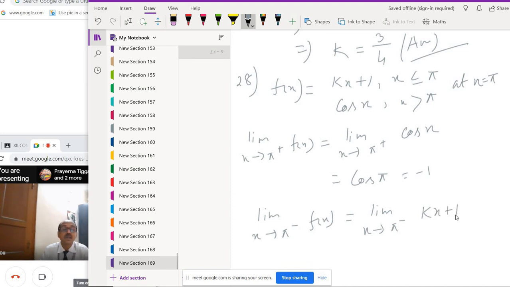And x equal to pi, so k pi plus 1. This is the left hand limit.